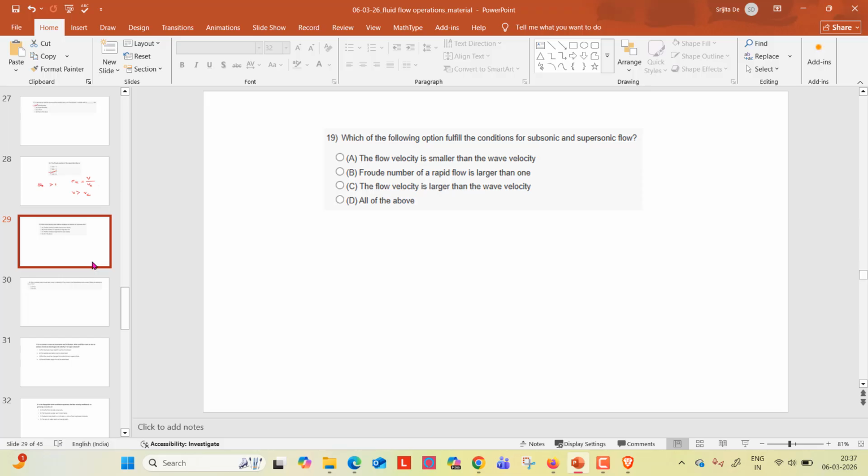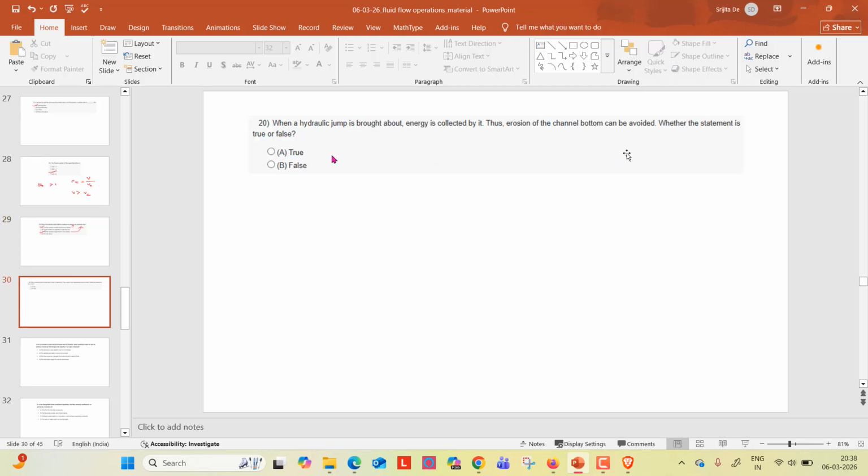Froude number of a rapid flow is larger than 1, the flow velocity is larger than the wave velocity. So for subsonic flow, this is option A. For supersonic flow, this is option C. Okay. This one is subsonic and this one is supersonic.